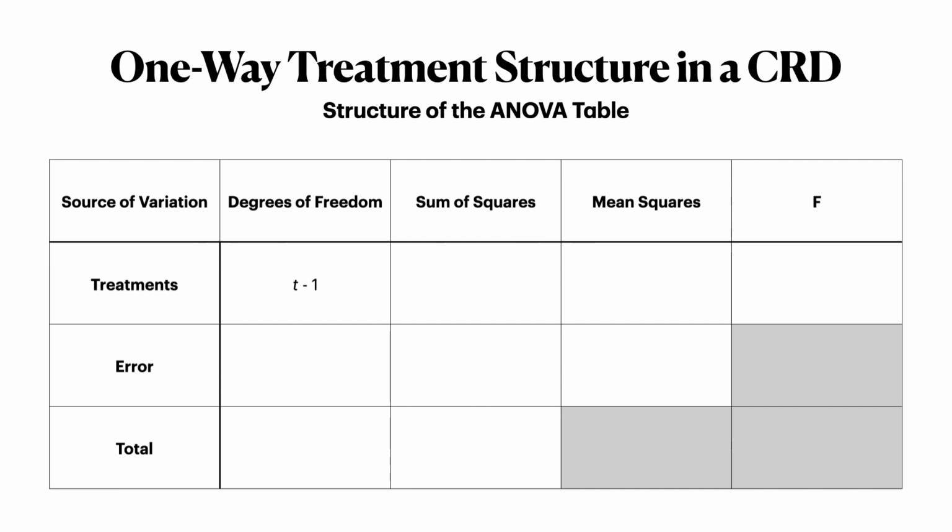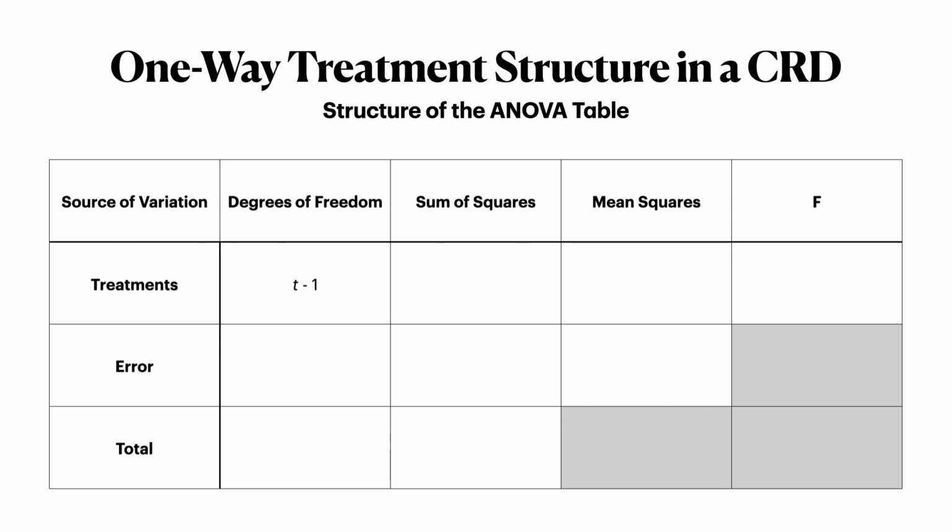The variability due to the treatment structure, which we'll denote here by treatments, and that variability in the response that is not accounted for by the model, and that goes in the row denoted by error.